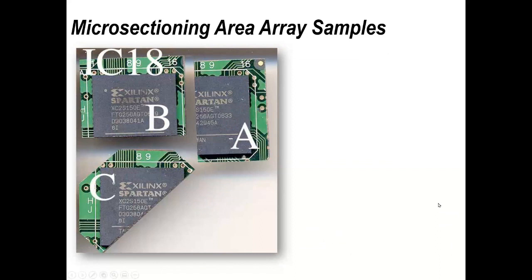So if we take a practical example, this is an area array package. Most of you will be familiar with a BGA, an area array type package, and you can do a cross section which goes along one row of balls, and then you could subsequently microsection the next row, the next row, and next row.